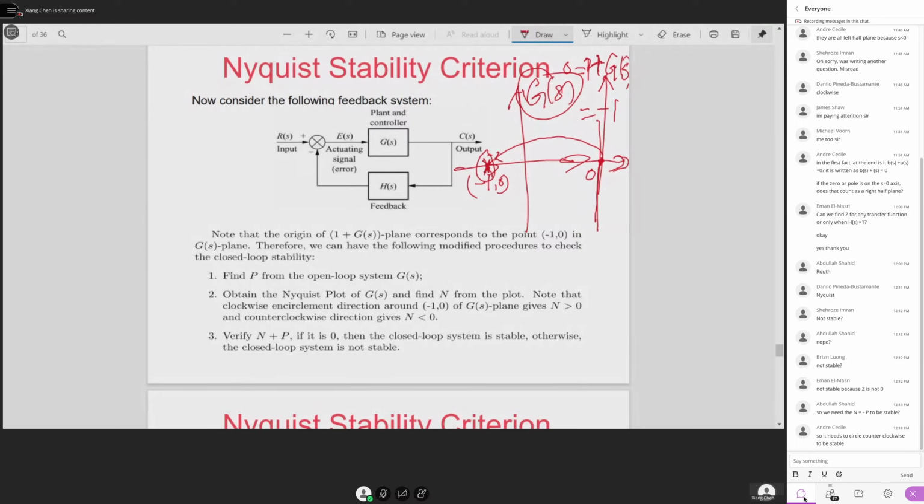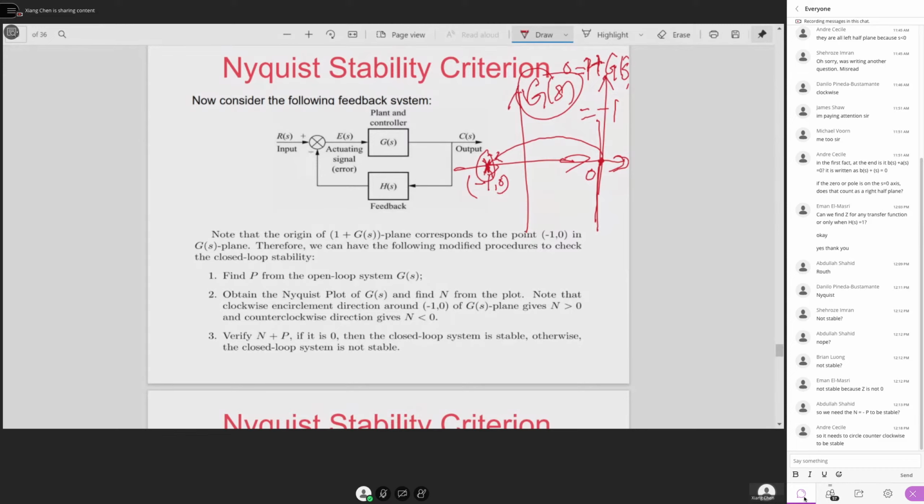This point is so critical because it basically determines the stability of the closed loop system. Never forget it: the -1, 0 point on the open loop transfer function G of S plane.